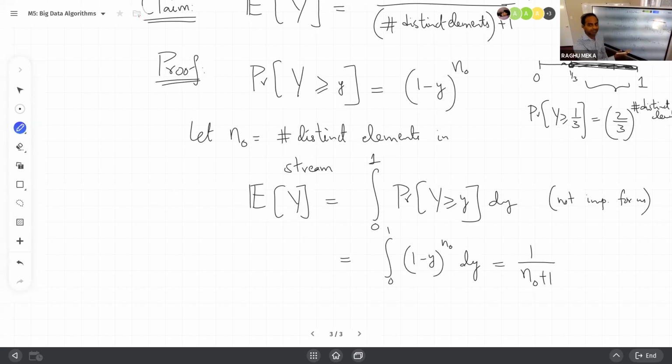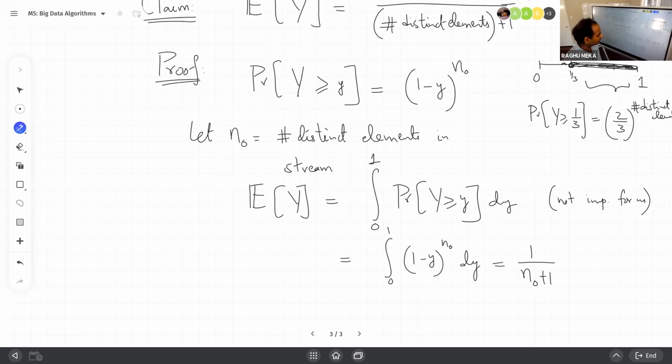So this is just some way to calculate expectations of continuous random variables by integration. But the main thing is this fact that this probability depends on the number of distinct elements and not on the order of the stream or how many times each element repeats itself or anything like that. Okay, does it make sense?